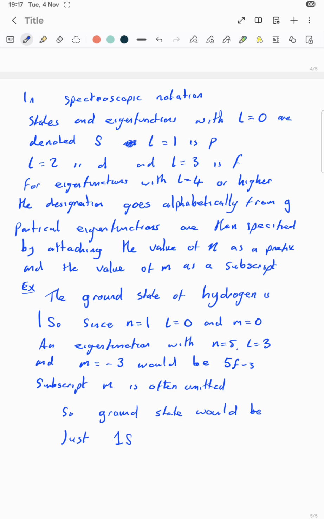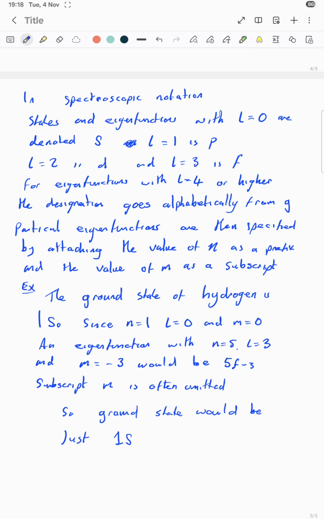The particular eigenfunctions are specified by attaching the value of n as a prefix and the value of m as a subscript. As an example, the ground state of hydrogen is 1S0, where n equals 1, L equals 0, and m equals 0.